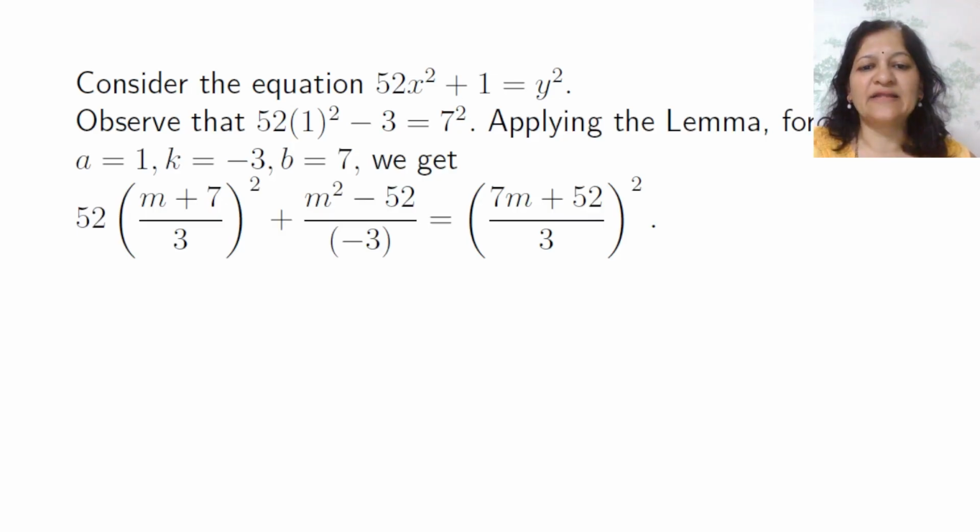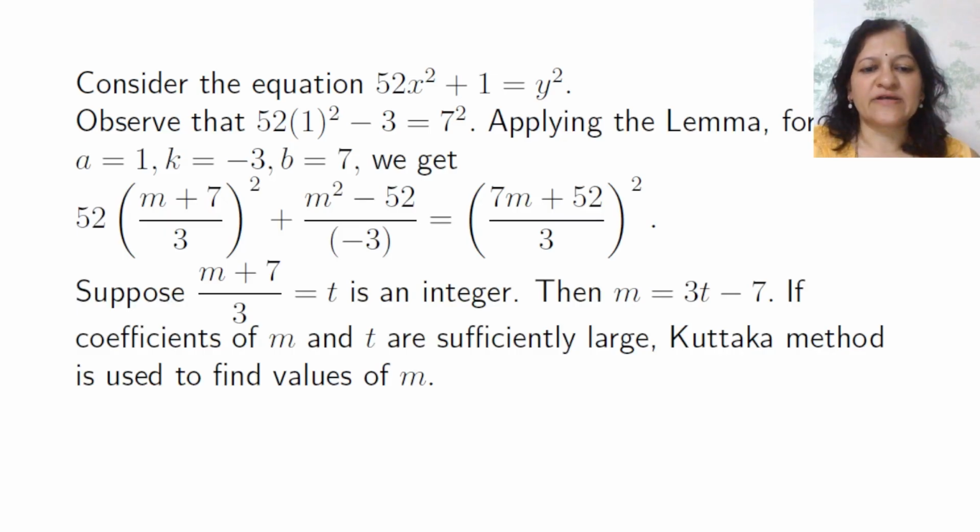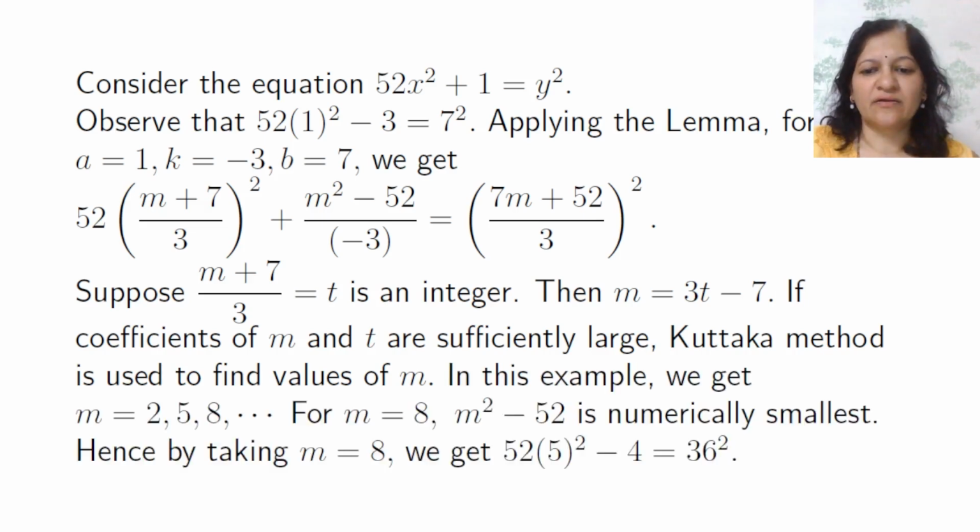Then apply the lemma to this auxiliary equation and we get this. Suppose (m + 7)/3 = t is an integer, then m = 3t − 7. If the coefficients of m and t are sufficiently large, then you can use the Kuttaka method to find the values of m. Now here we can easily find the values.